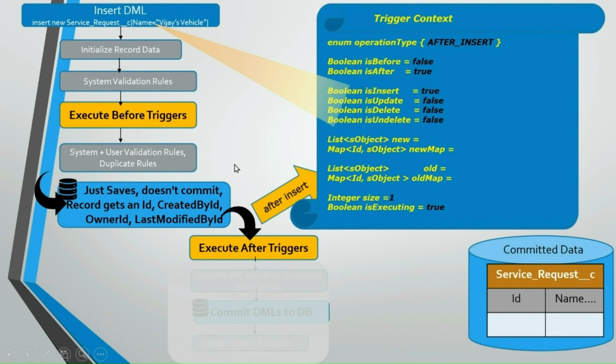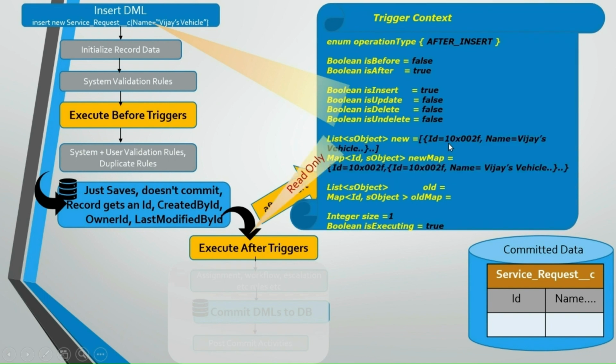By this time, our record has an ID too. So the new values would look like this. It got the ID because of the save step that is performed before this after insert trigger event happens. Since it has an ID, Salesforce can give us the map format too. That is ID as the key and the record as the value.